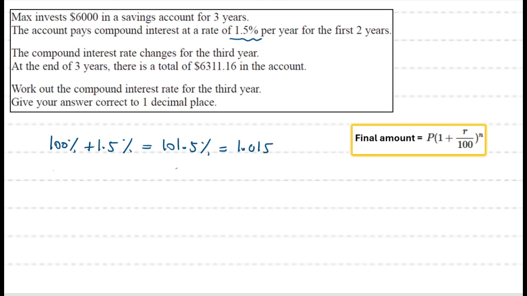Then we write the initial amount, 6,000, times it by the multiplier 1.015 raised to the power of number of years, which is 2 years. And that gives us $6,181.35.